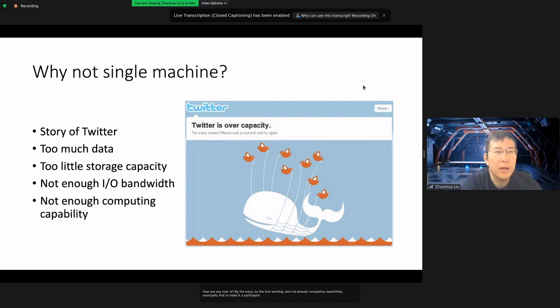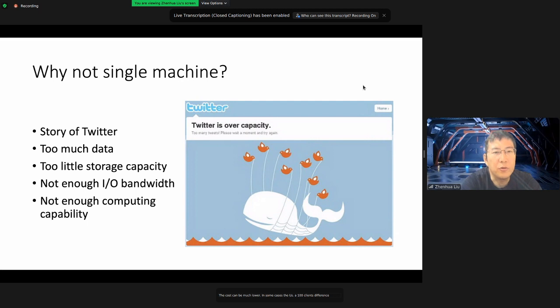Because you can imagine, for the same amount of computing resources, bandwidth, or storage of memory, if you put it on a single server versus making it on many commercial, consumer-grade servers, then the cost can be much lower, in some cases even 100 times different.